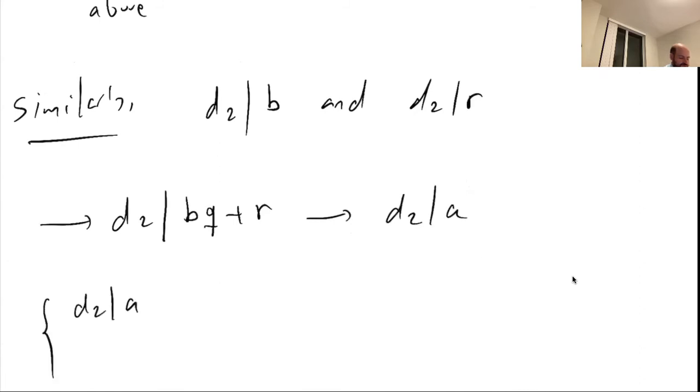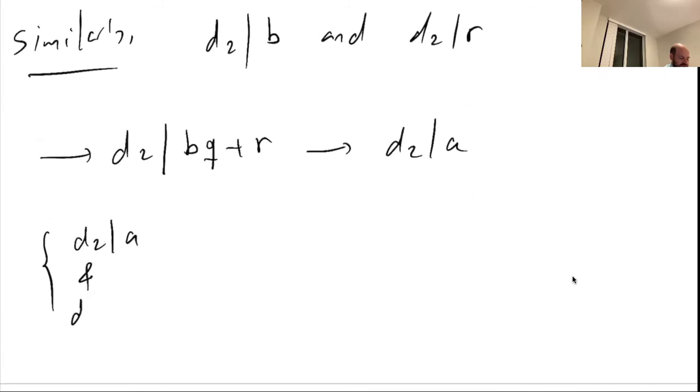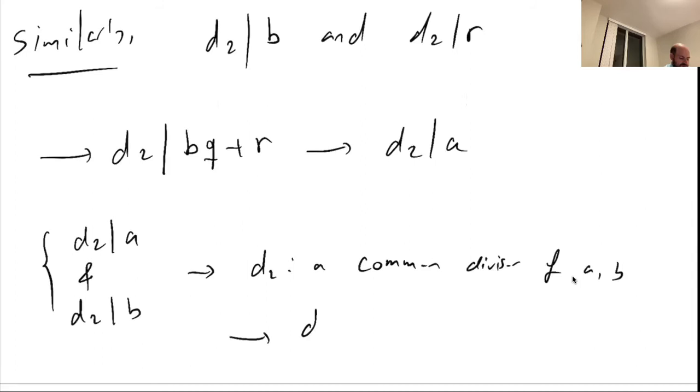So D2 divides A and D2 divides B. That means D2 is a common divisor of A and B. So that means D2 divides the GCD of A and B, again by remark star, which means D2 divides D1.